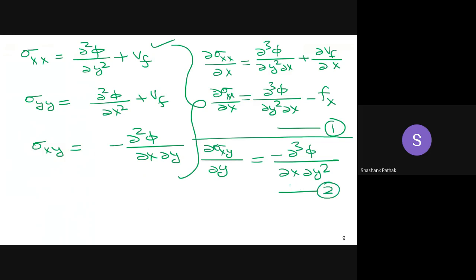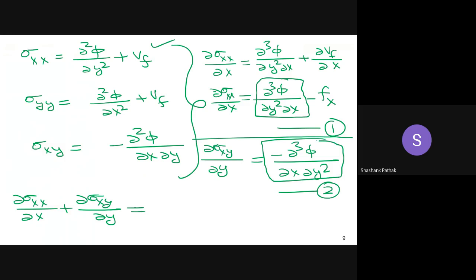If you add 1 and 2, you get del sigma xx by del x plus del sigma xy by del y. If you sum both the sides, this term is getting cancelled with this term, and you are getting only minus fx on this side. If you put all of them on the right hand side, you get del sigma xx by del x plus del sigma xy by del y plus fx equal to 0.